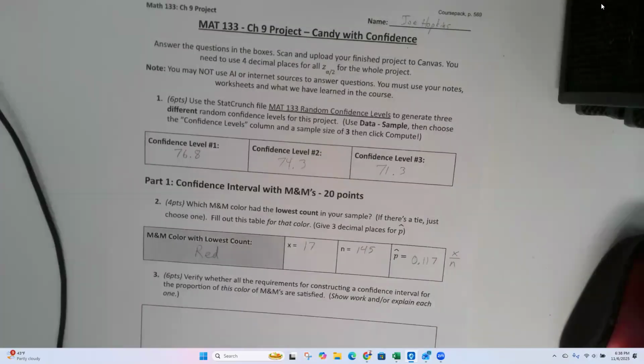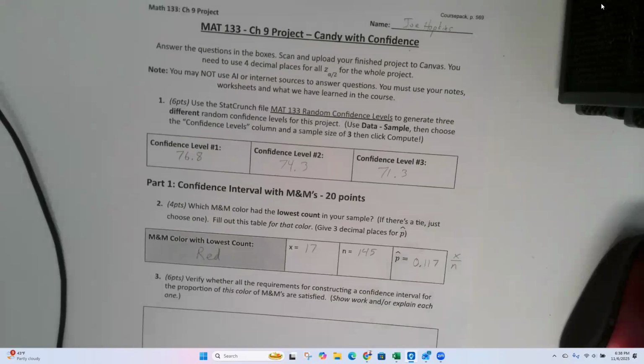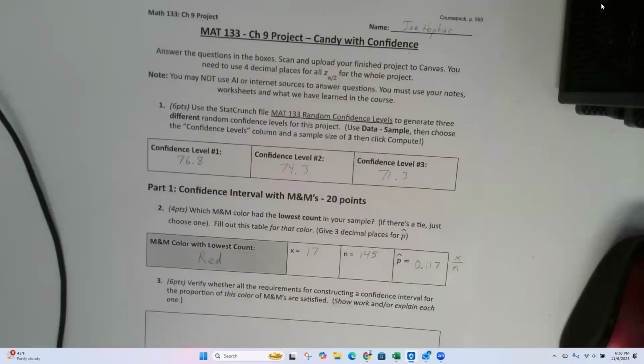So instead, I can do a sample, and I have that 11% of my sample was red. So I can use that to approximate that, okay, I'm going to guess that around 11% of all M&Ms anywhere are red.